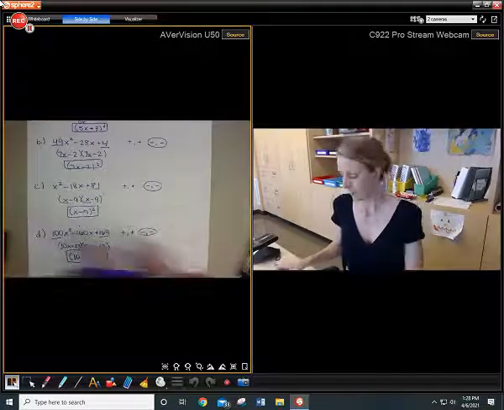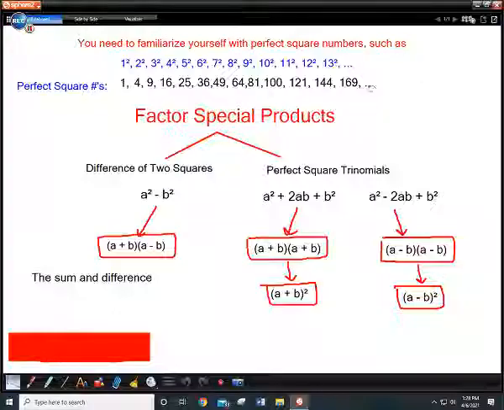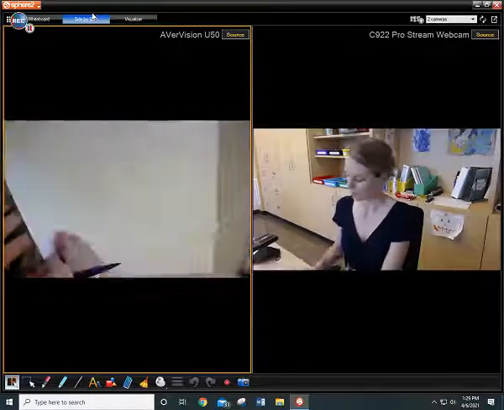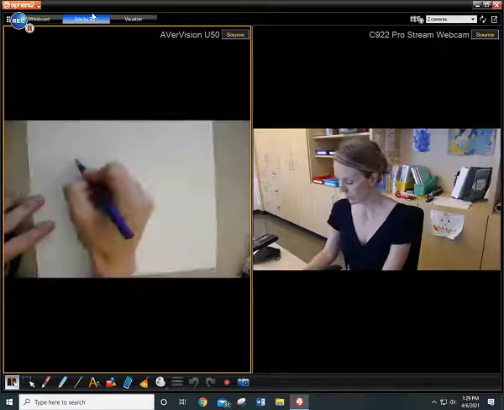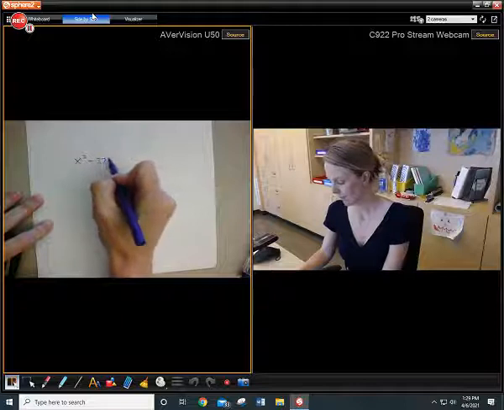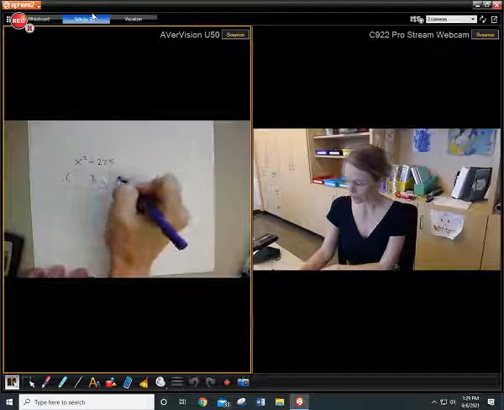All right, let's say I give you a number that's beyond this 169, okay? You're not going to remember all of the perfect squares. It's impossible. So in the future, if I give you a number like, I don't know, like 225, and you're thinking to yourself like, hey, that kind of looks like the difference of two squares.